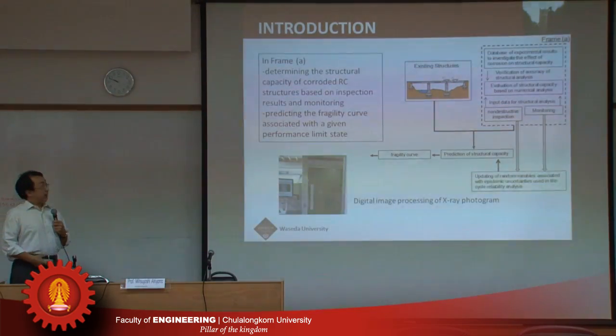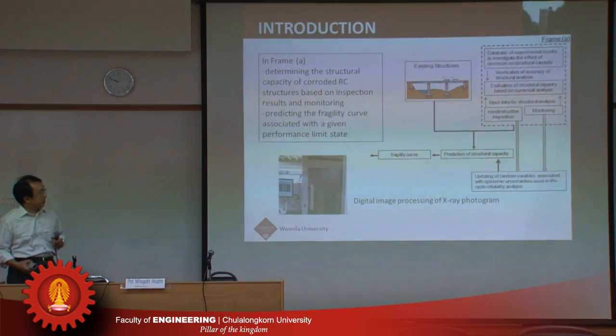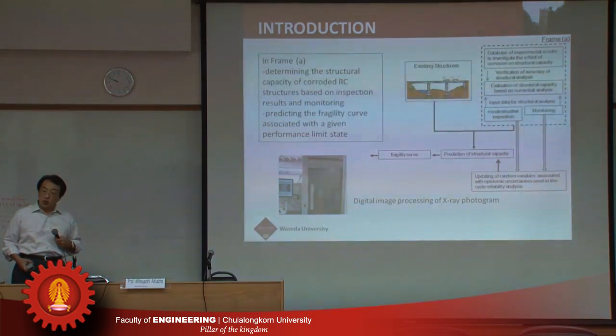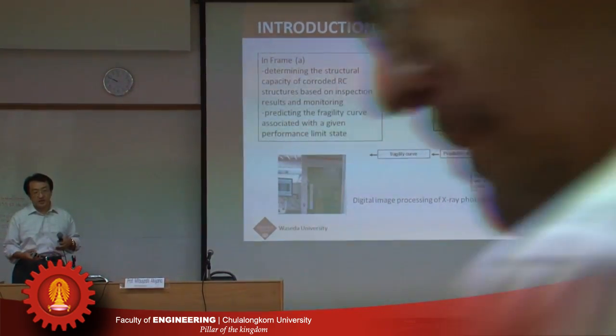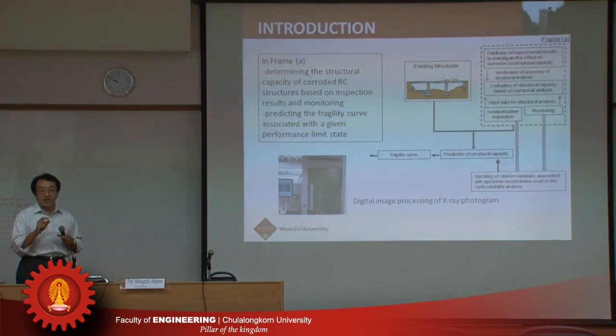So in frame A, structural capacity of corroded RC structures based on inspection result and monitoring is defined. To make possible the improvement of estimation accuracy of corroded concrete components, it is very important to identify the spatial distribution of cross-sectional area of corroded rebar.